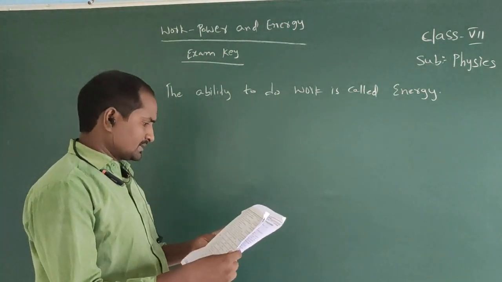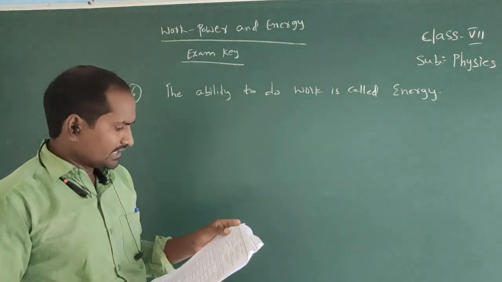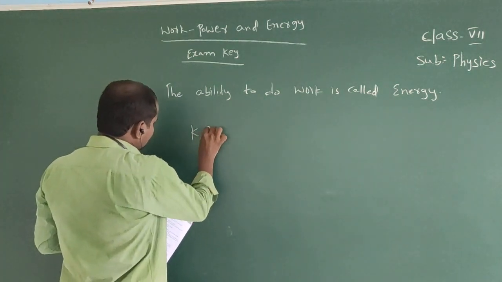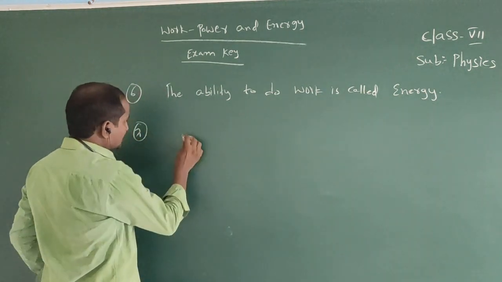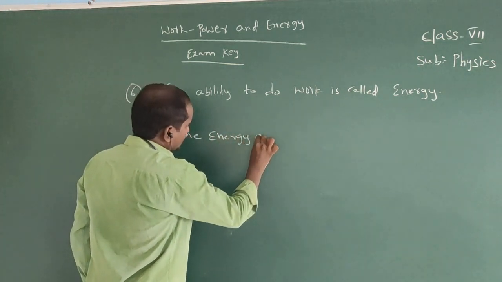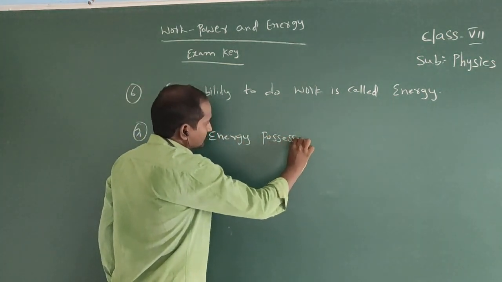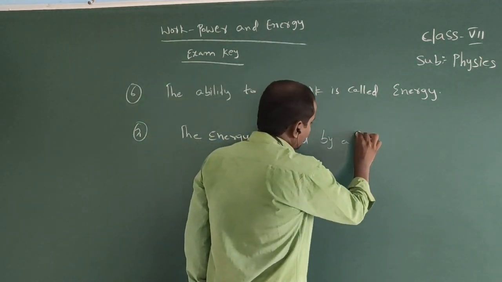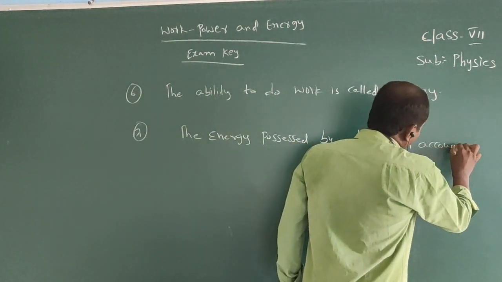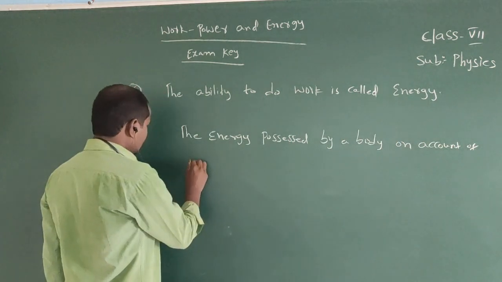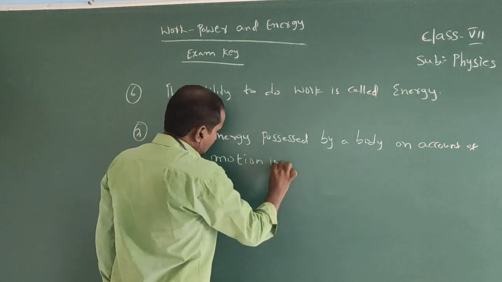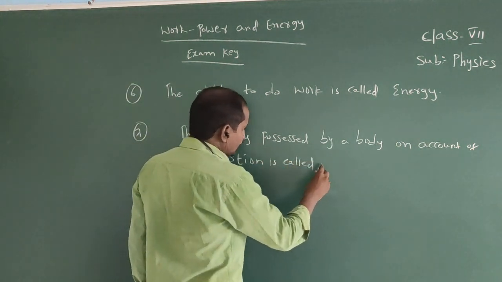Next one: the kinetic energy of a body depends on, so take kinetic energy, K. What is meant by kinetic energy? The energy possessed by a body on account of its motion is called kinetic energy.